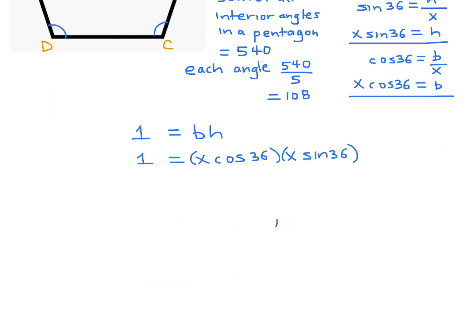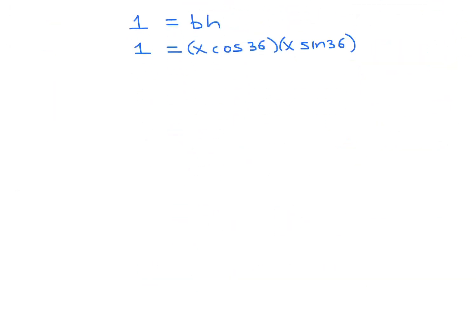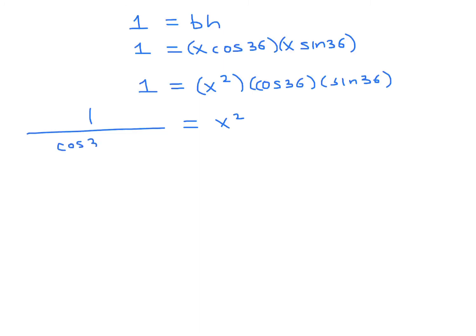All right, let's move this up. Now this basically becomes, the x is combined to become x squared, and this becomes cos 36 and sine 36, which have numerical values, of course. And then x squared becomes 1 over cos 36 times sine 36, like that.